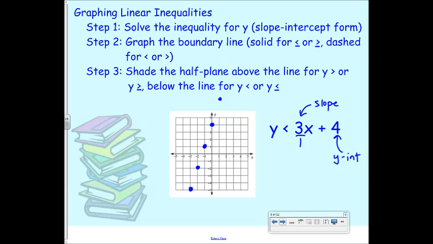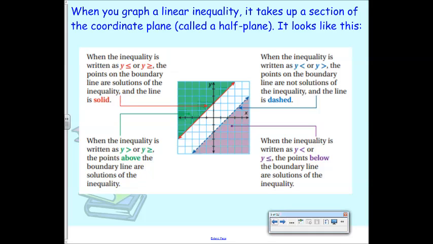Now, because it is y is less than, I know that y is not just the stuff on the line. It's either bigger than all that or smaller than all that. So when you take a look at this graph, this colored section represents all the ordered pairs that would work for that graph.